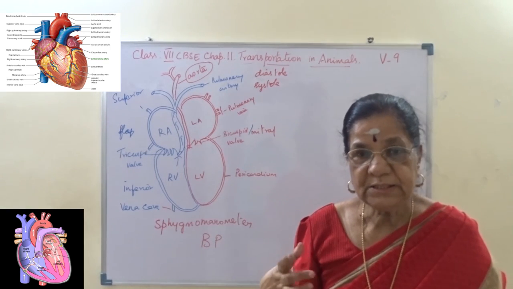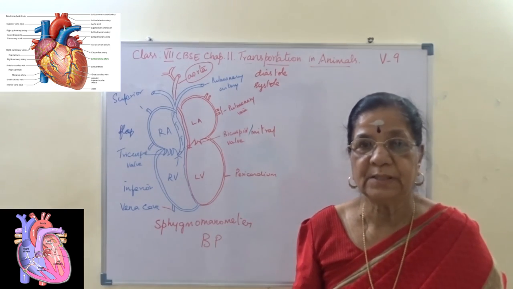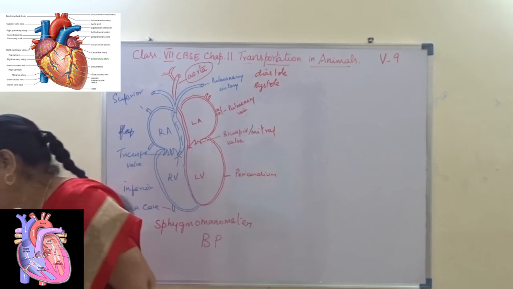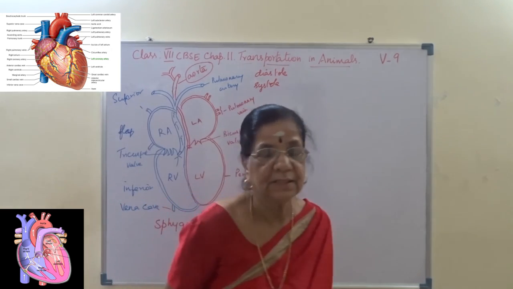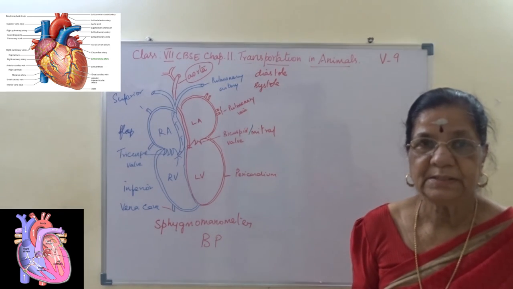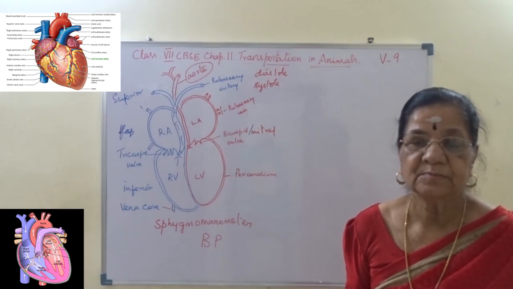If the circulation is regular, the person is normal. If there is any disturbance, such as a breathing problem, it can be diagnosed by the doctors. I hope you are able to follow this.